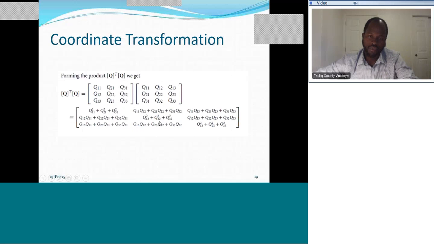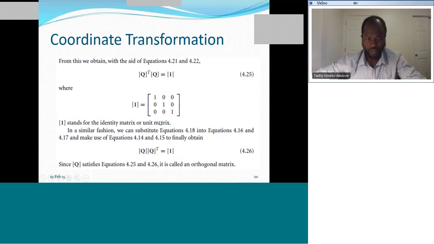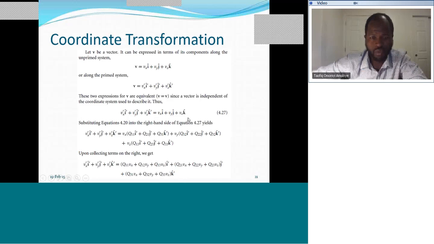If we substitute those equations into the right hand side of equation 4.27, we can do some more algebra by collecting the like terms, and then we have this equation here.